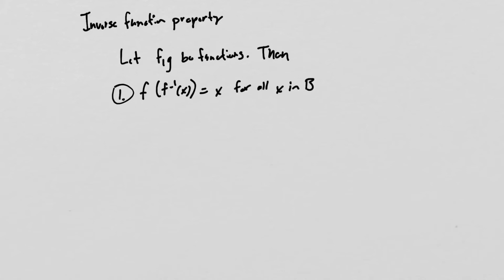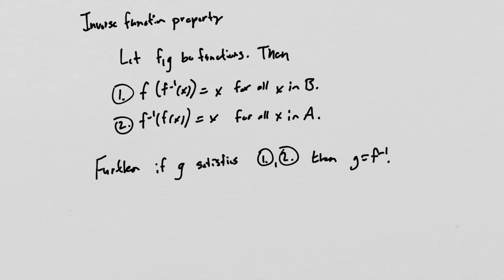Let f and g be functions, then the following two conditions occur. 1, f composed with f inverse is equal to x for all x in B. And number 2, f inverse composed with f is equal to x for all x in A. This is always true for any f and its inverse. And we can make a further statement that inverse functions are in fact unique. Further, if g satisfies 1 and 2, then g is equal to the inverse of f.